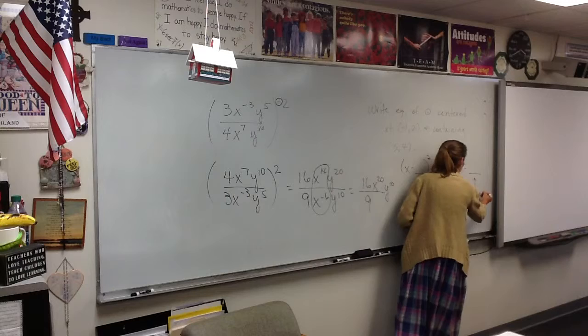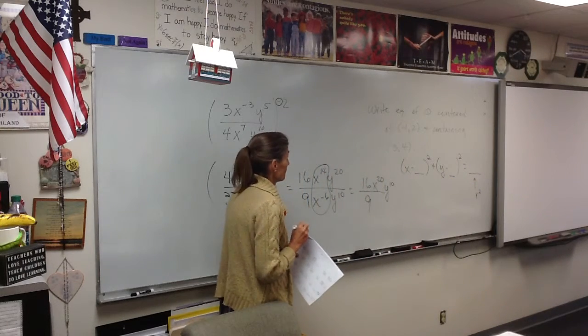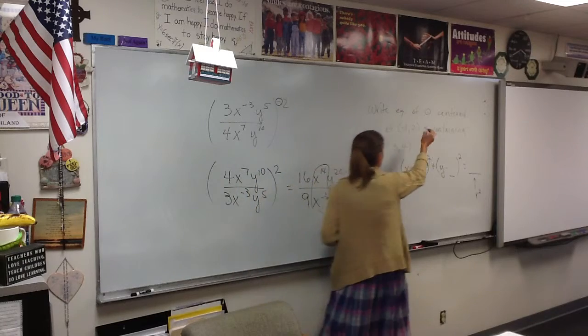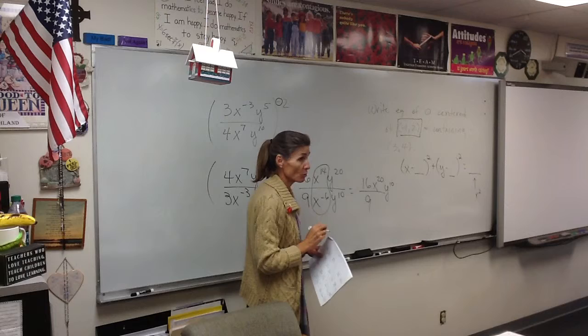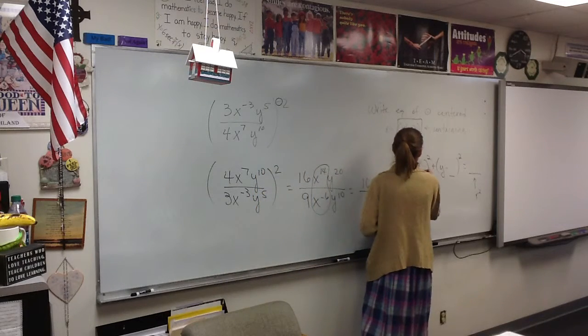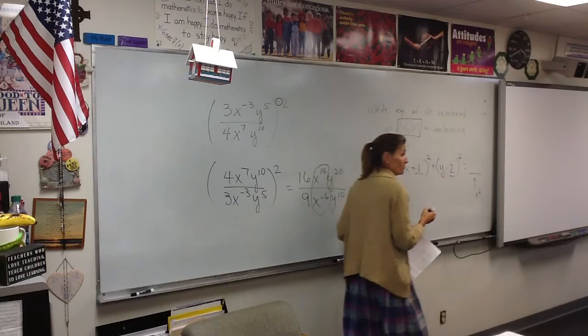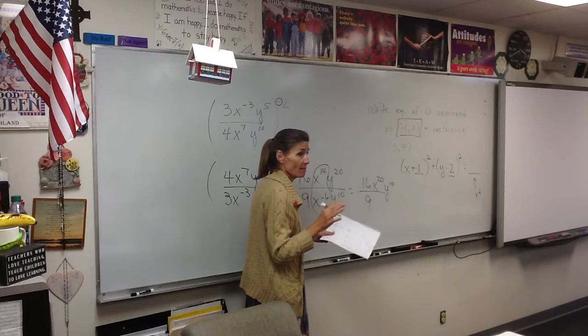And this number always represents the radius squared. So since they tell you the center, can't you build part of your equation just right off the bat? So it's going to be x plus 1, y minus 2. Right off the bat, we have that much.